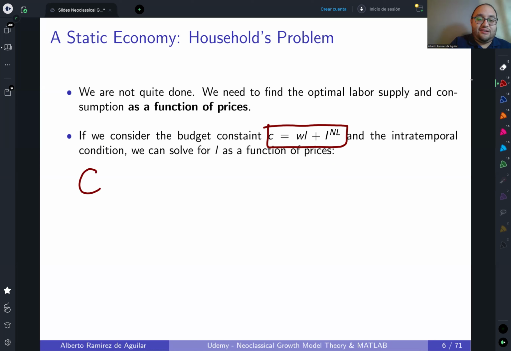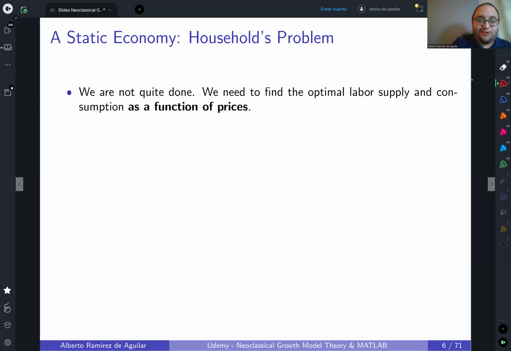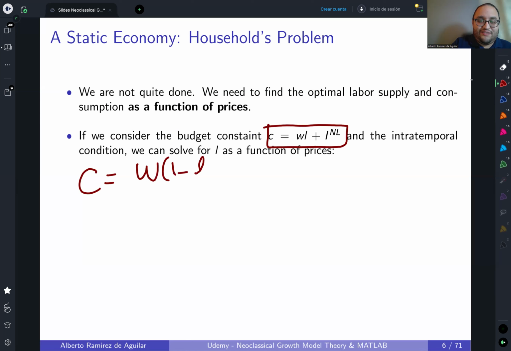That said that C_t was W times 1 minus L divided by eta.